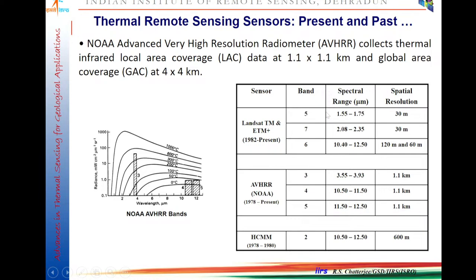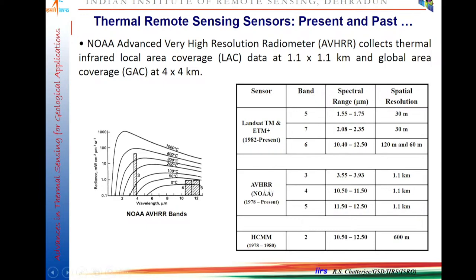In Landsat TM and ETM plus, the thermal band has a spatial resolution of 120 meter for TM and 60 meter for ETM plus, and the spectral band is 10.4 to 12.5, only one band. But the later Landsat sensor, Landsat 8 TIRS, I'll discuss in the subsequent slide. There we have 2 spectral bands.